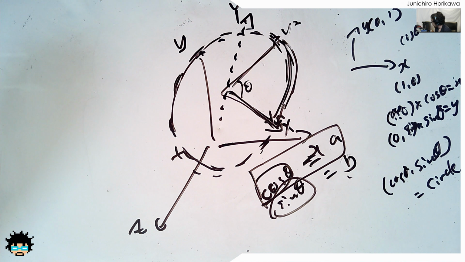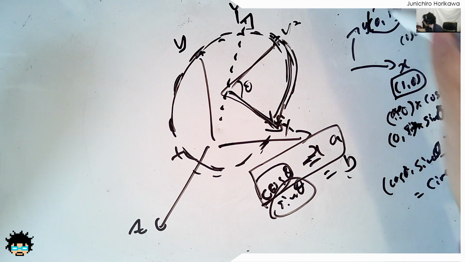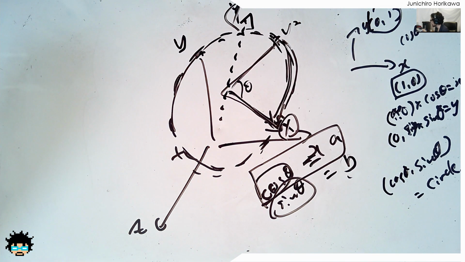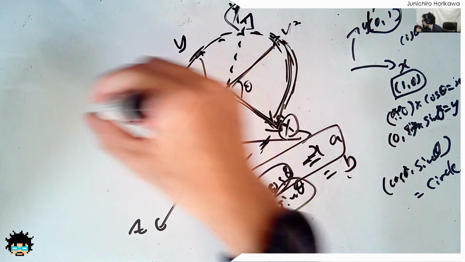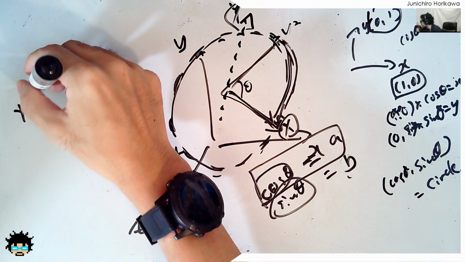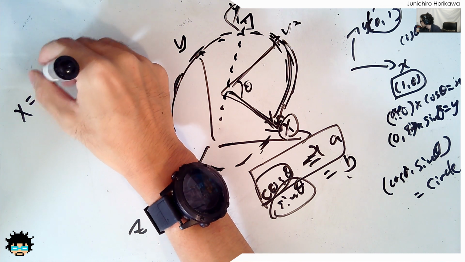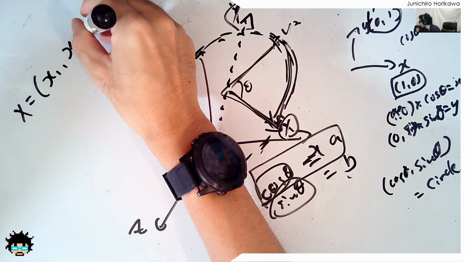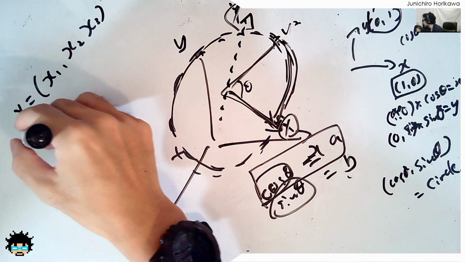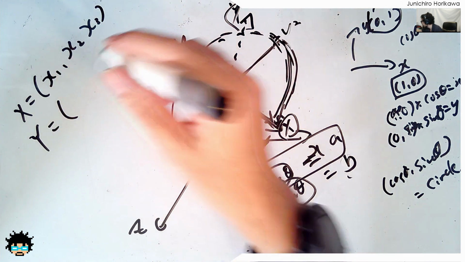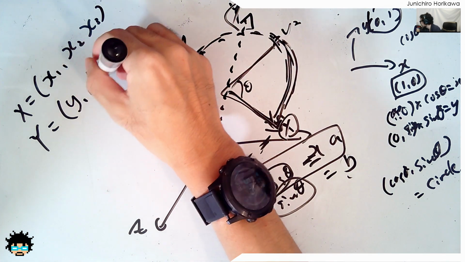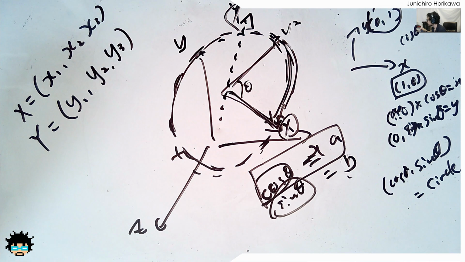But if you think like this, then if you replace these axis values with the virtual x and virtual y, this can be replaced by a more general function. Let's say the virtual x-axis is written as x1, x2, x3, and the y-axis is expressed as y1, y2, y3, right?